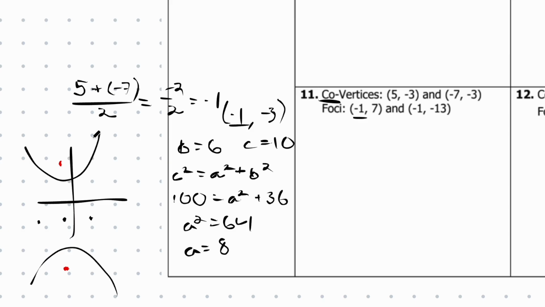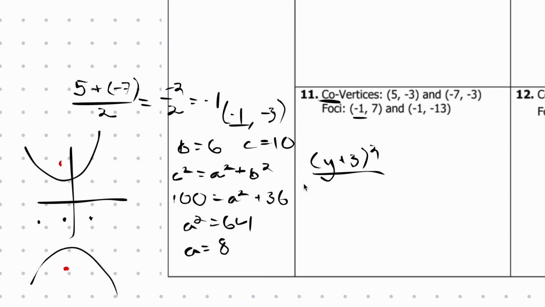And that means our first term is going to be y. So we're going to have y minus -3, which is y plus 3, over our a value. And a is equal to 8.